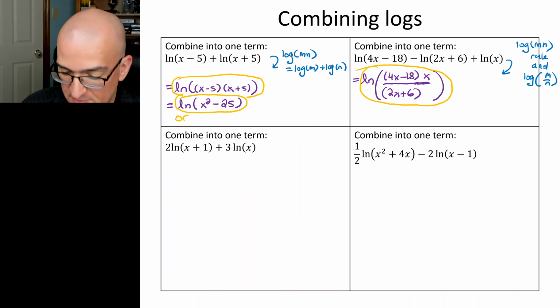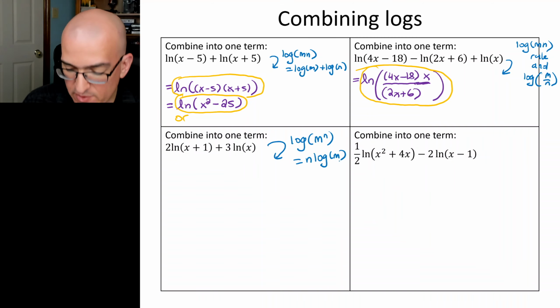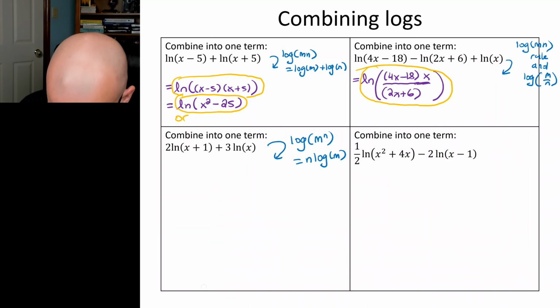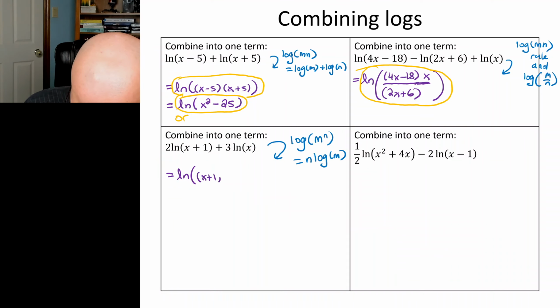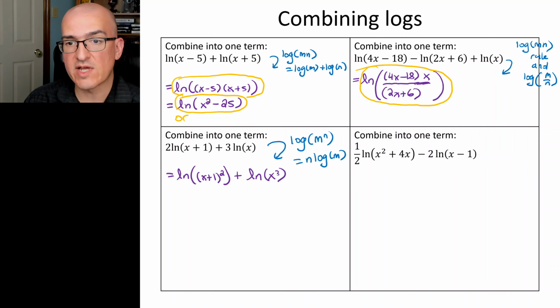We can bring them up as powers. So we're going to use the rule log of m to the power of n is equal to n times log of m. We're going to use that rule in reverse. We're going to take the n that's in front and bring it up as a power. So this is the ln of x plus 1 to the power of 2 plus the ln of x to the power of 3, bringing those powers up.